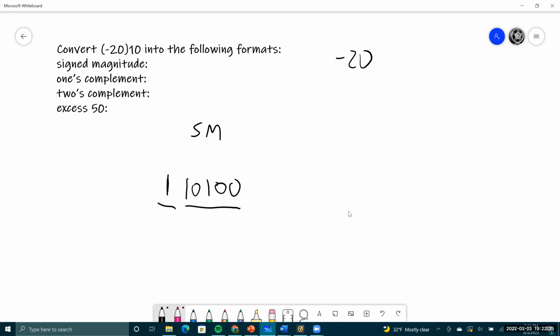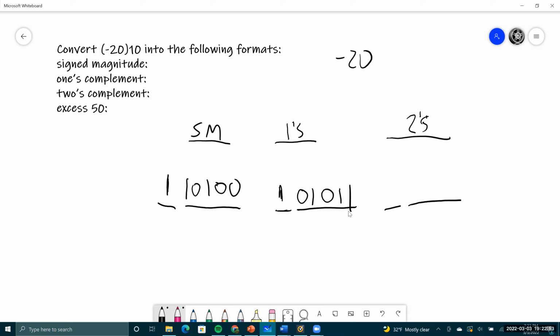So the next is 1's complement. The difference between 1's complement and sign magnitude is you still have the sign bit that didn't change, but the magnitude bits are flipped when it's negative. So this becomes 0, 1, 0, 1, 1. Now for 2's complement, we just want to know the difference between 1's complement and 2's complement.